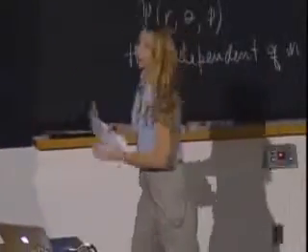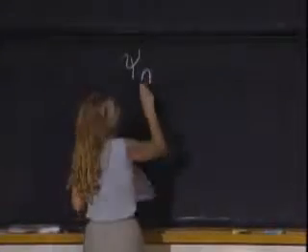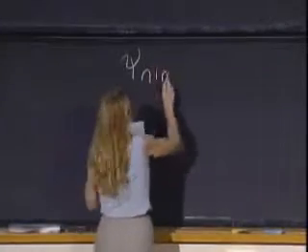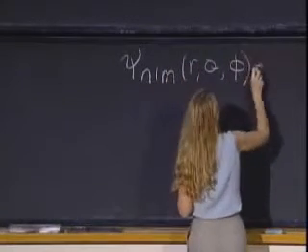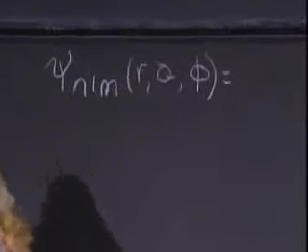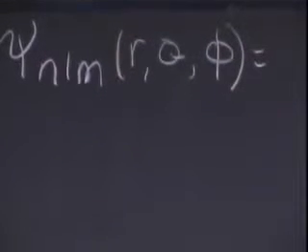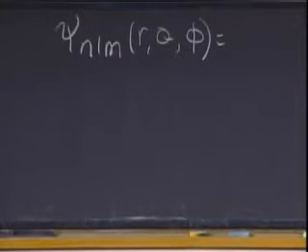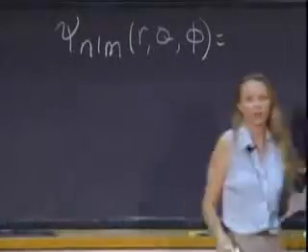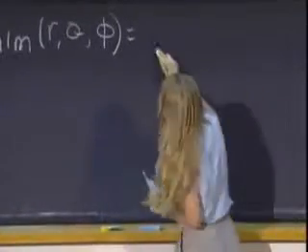Well, for a hydrogen atom, our wave function here, given by 3 quantum numbers, n, l, and m, function of r, theta, and phi, it turns out that those wave functions are factorable into a function that is only in r and a function that is only in the angles. All right? So you can write that, no approximation, this is just the way it turns out.